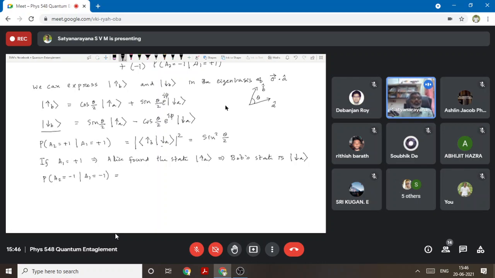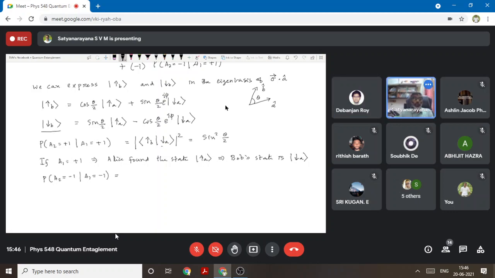If A1 is equal to -1, the state of Alice is down A. Then the state of Bob is up A. So I want the inner product of down B with up A, mod square.